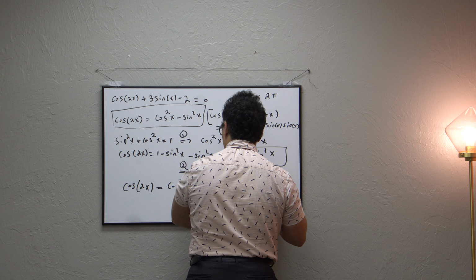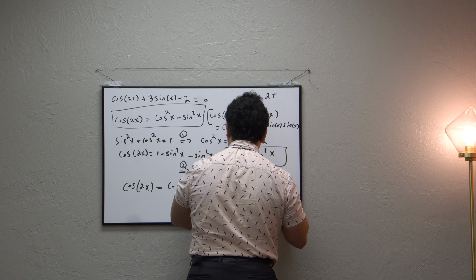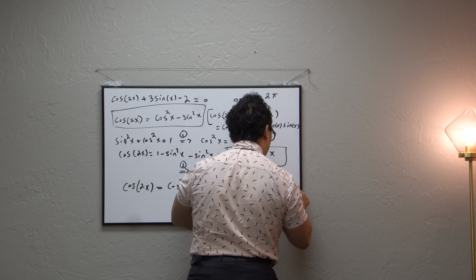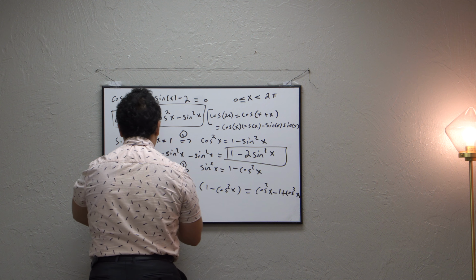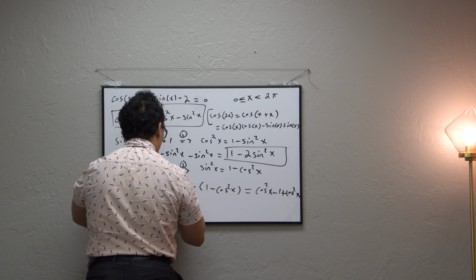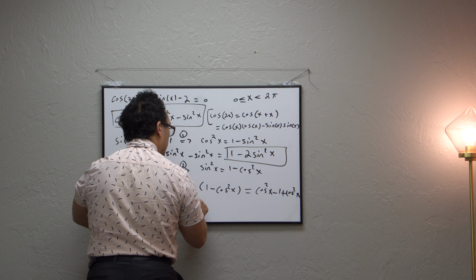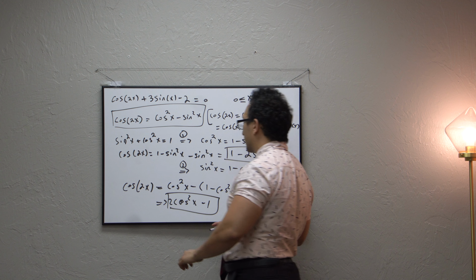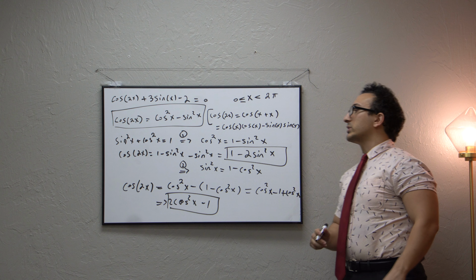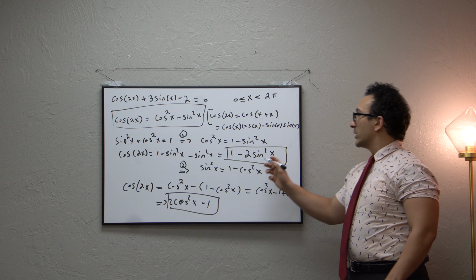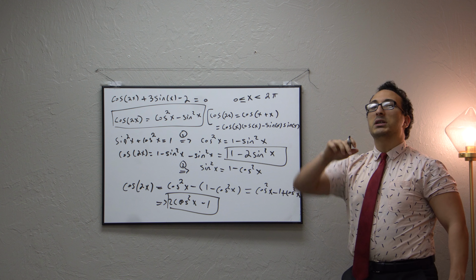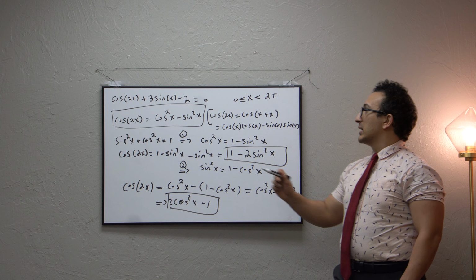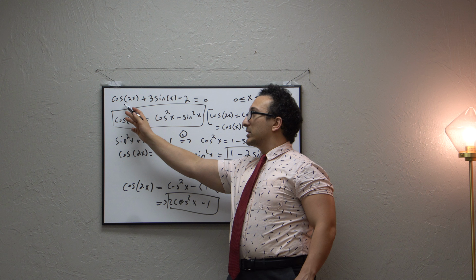Distributing the negative, I get cosine squared x minus 1 plus cosine squared x. This reduces to 2 cosine squared x minus 1. So 2 cosine squared x minus 1 is also equivalent to cosine of 2x. So we have 1, 2, 3 different equations for cosine of 2x. And that is something we would be plugging in right here.